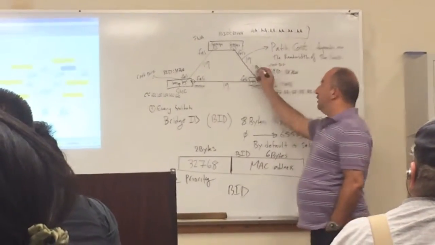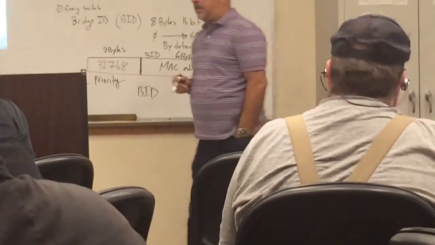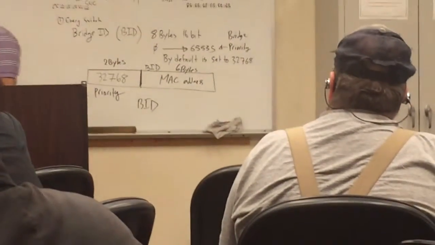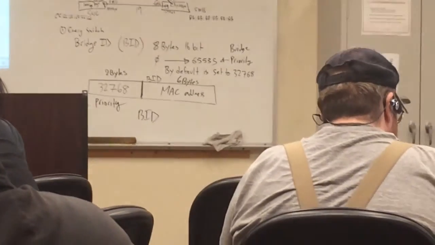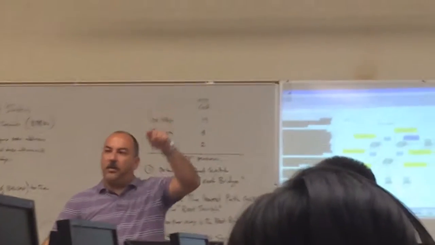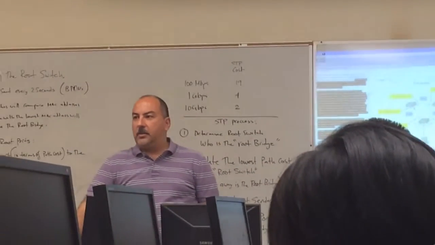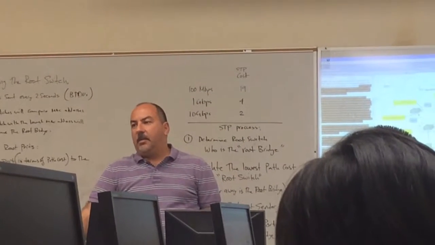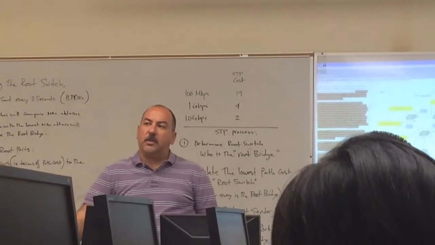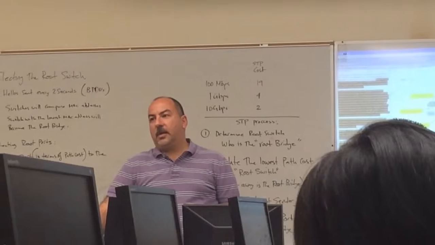By distance. Physical distance? By looking at the path cost, yes. In this case, it's 19, from that port to that switch. In this case, they're all 19. They're all the same. But in this case, that port is the closest to that root switch.